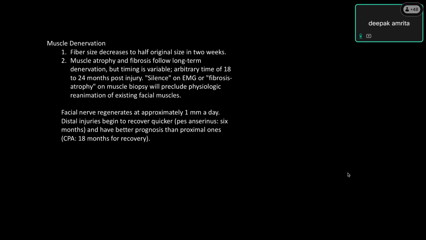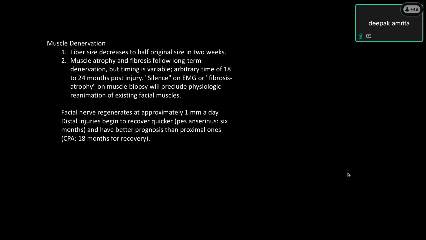There will be silence on the EMG, or if you take a biopsy from the muscle, it will show fibrosis atrophy. Now, silent EMG and fibrosis atrophy of the muscles preclude any sort of reanimating the in situ muscles on that side, simply because the muscles won't work.